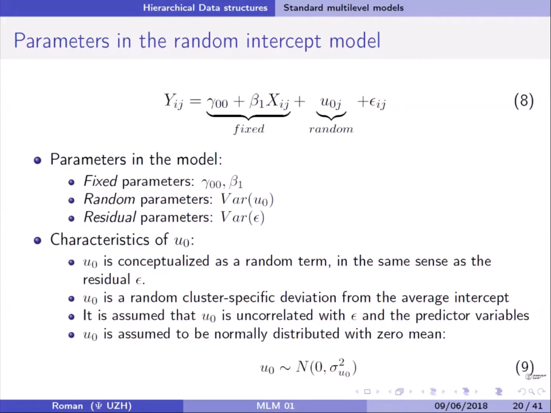In this breakdown, we have our dependent variable measured for all participants. Gamma 0,0 is considered a fixed intercept because it is the intercept or the expected value of y when all variables are 0 for each of the classes.